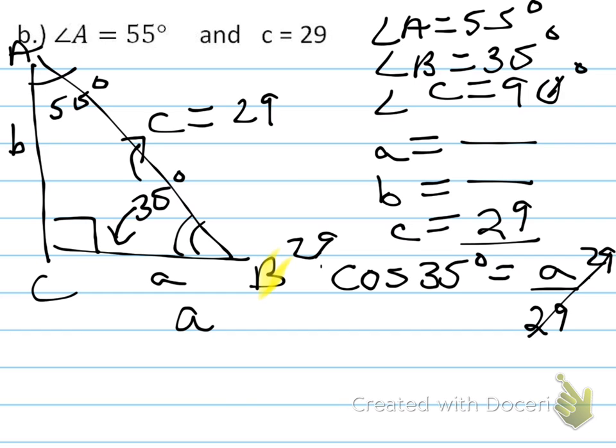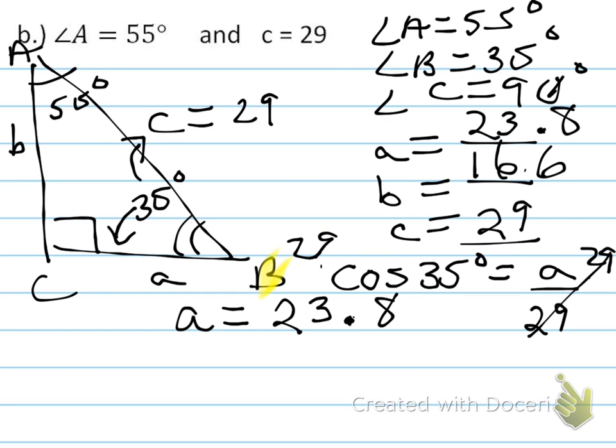A must equal 23.8. And if I use the Pythagorean Theorem, I got that side B must have been 16.6. And I am rounding to 1 decimal place.